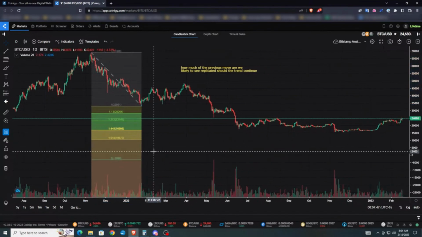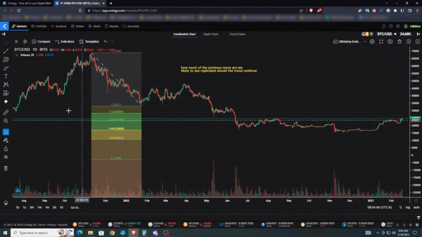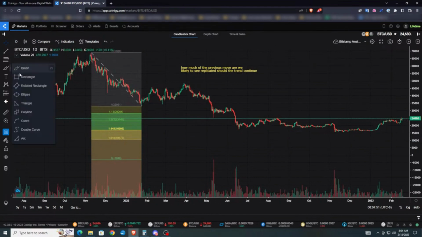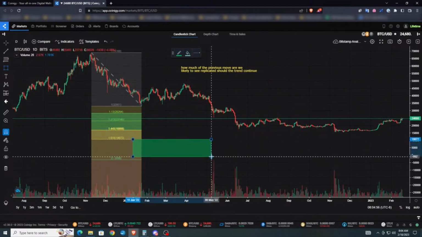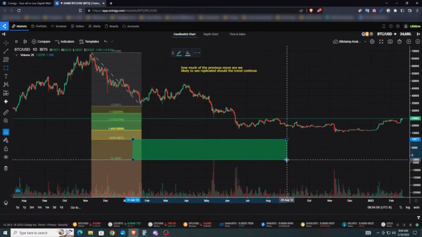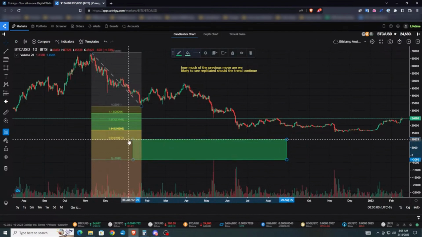Quite often what I've found in my experience in the market is you will often get a range extension that is somewhere between the golden ratio, 1.618, and that 200%.